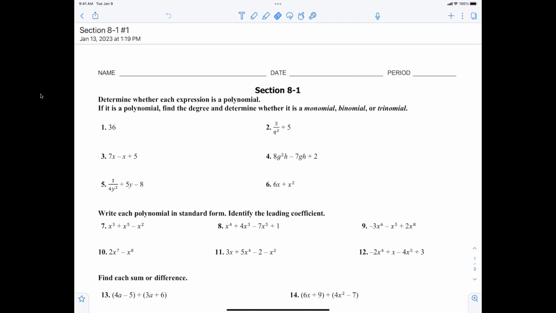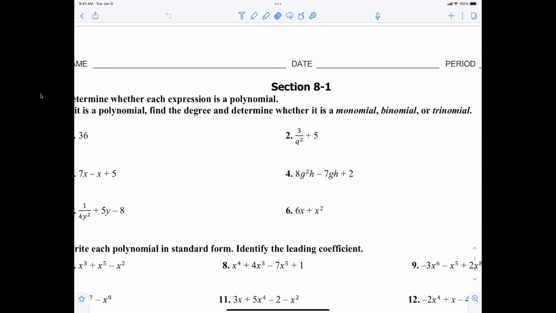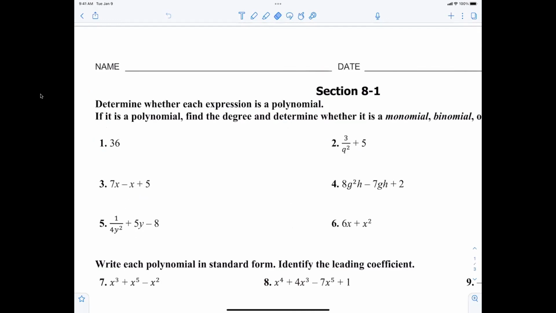Okay, so basically, you are supposed to know what a polynomial is with regards to algebra. A polynomial is something that has exponents as whole numbers.